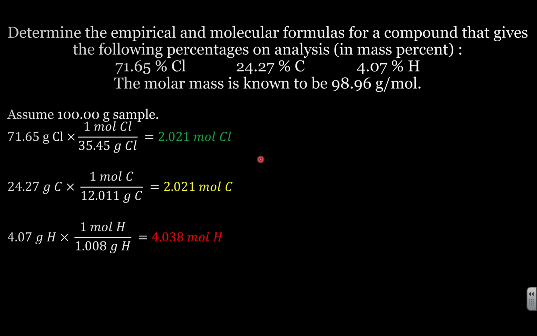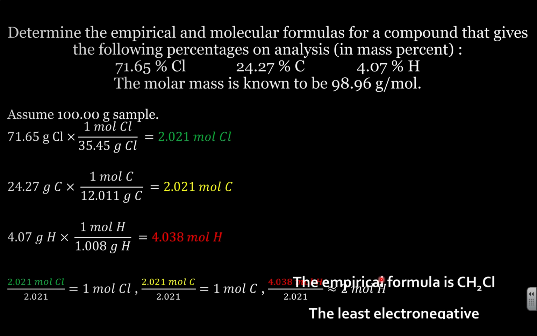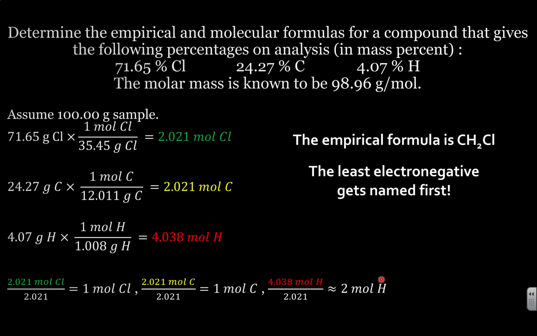Now we have all of our moles right here. We're going to pick the smallest one and divide them all by the smallest one, which in this case is 2.021. So we get that, and we have 1 mole of chlorine, 1 mole of carbon for every 2 moles of hydrogen. Those are your subscripts. So the empirical formula is CH2Cl.